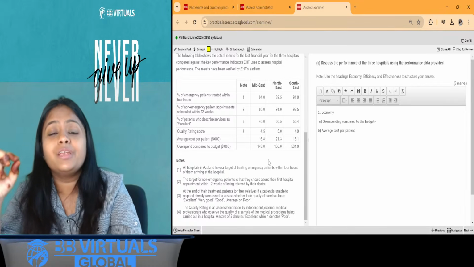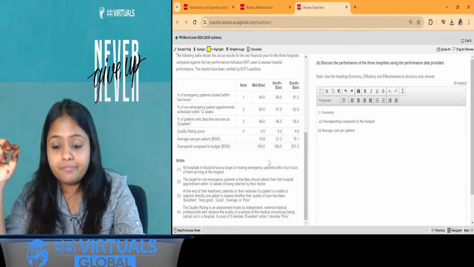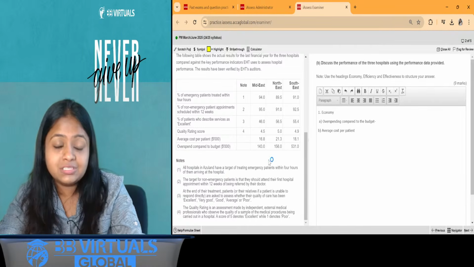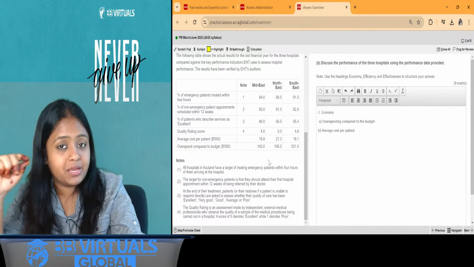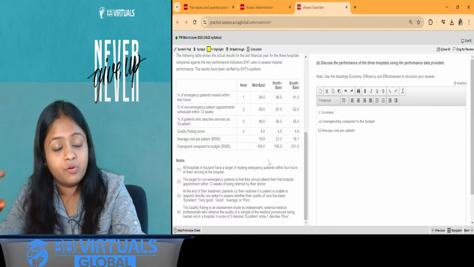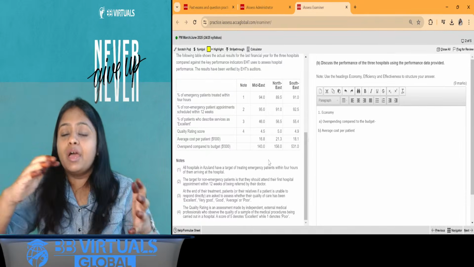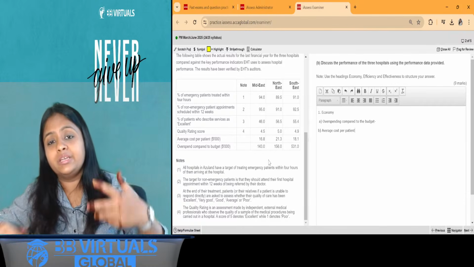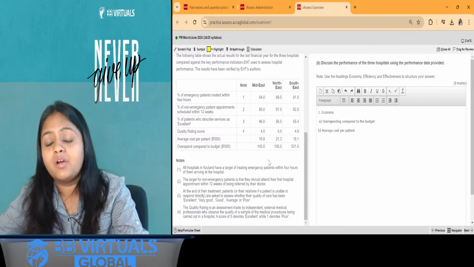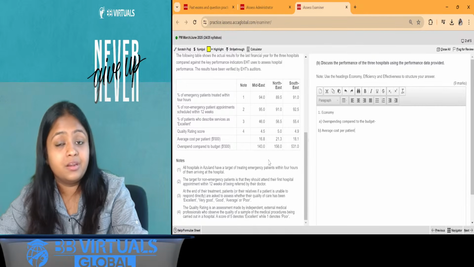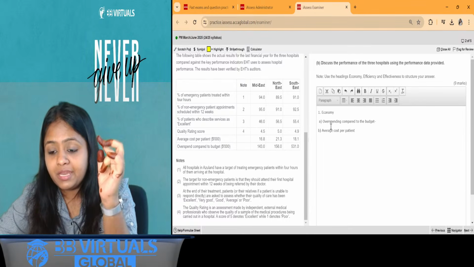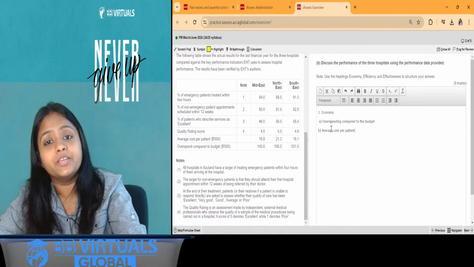So although it looks minimum for Mid East and maximum for Northeast, even though overspending is highest in Southeast, it is not very comparable from an economy point of view, but still it gives us an idea about the average cost spending. So an investigation can be done into these factors to understand how the cost is calculated. Done. You're done with economy. So how did you get your 3 marks? One for overspending, one for average, and one for better explanation.